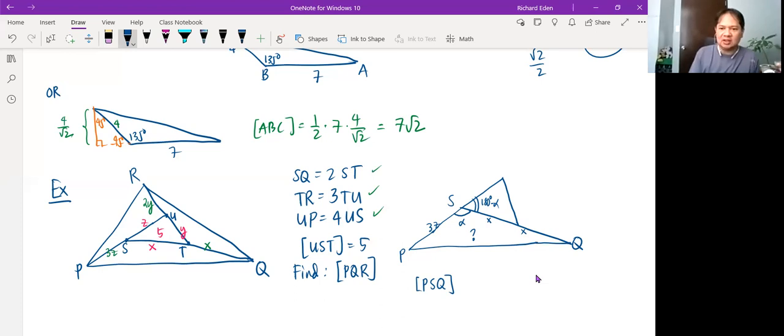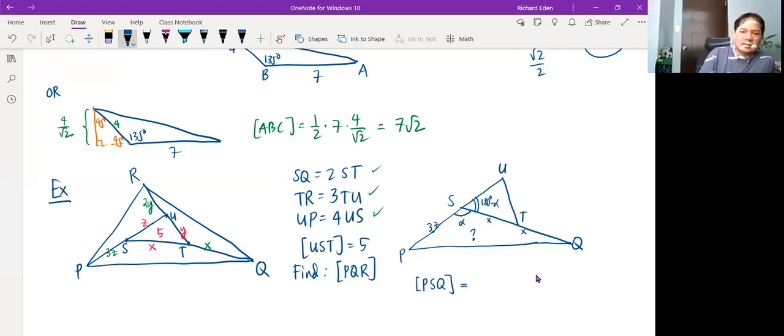But we need to be able to use the fact that the area of UST is equal to 5 units. So can we relate the areas of STU and PSQ, the 2 triangles on the right side? The only big thing that relates them is that they have those 2 angles which are supplementary to each other.